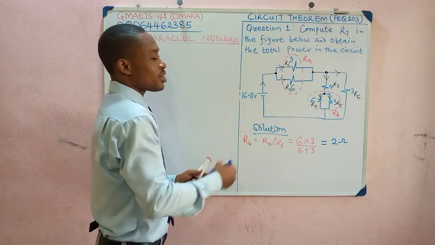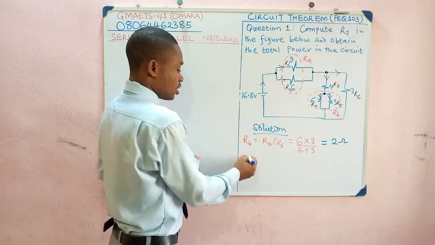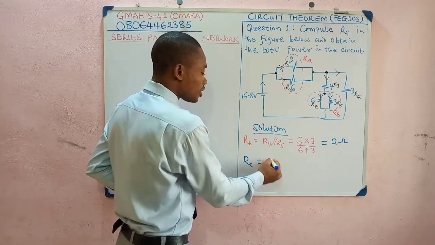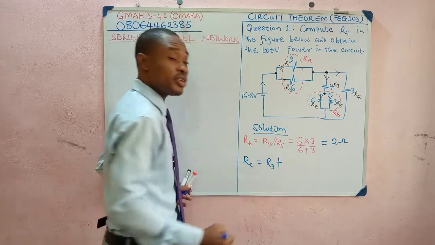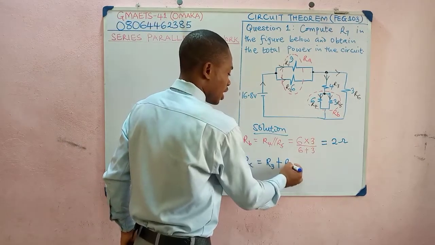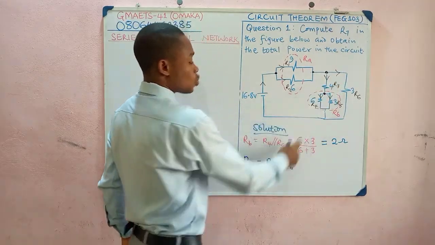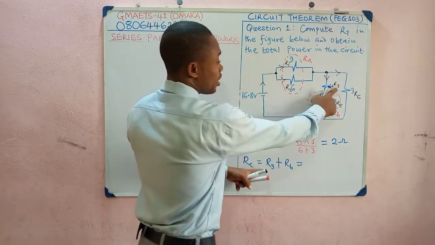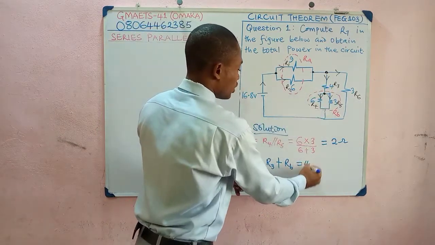Let us call that RC. So RC will be equal to R3 series, for series use plus, you know that, right? Series RB. I've explained that already, why RB is in series with R3. Therefore, we can substitute our R3 by our label is 4 ohm resistance.